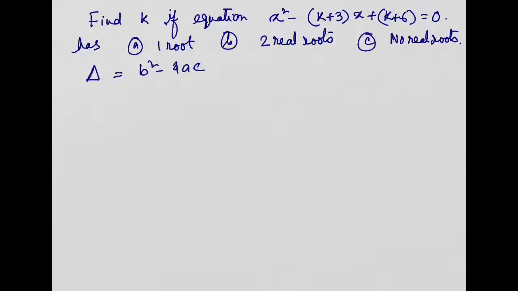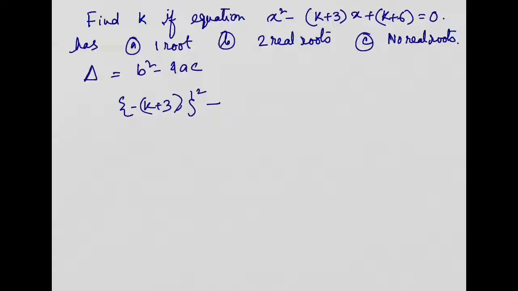Here b is minus (k plus 3), so b squared is (k plus 3) whole squared, minus 4a, where a is 1, the coefficient of x squared, and c is k plus 6.